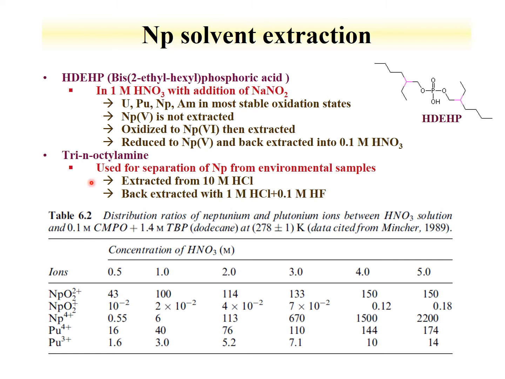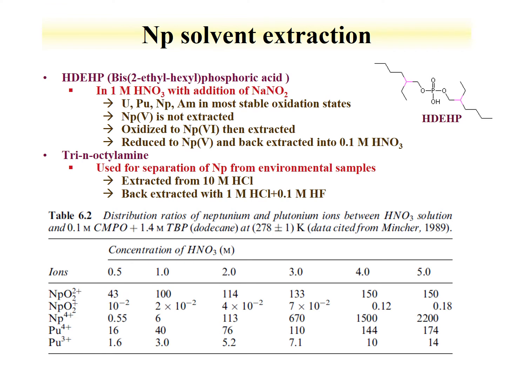Combinations of ligands, synergistic extractions with CMPO and tributyl phosphate in dodecane have also been performed. And as we can see here, we can vary the distribution coefficients depending upon the oxidation states.